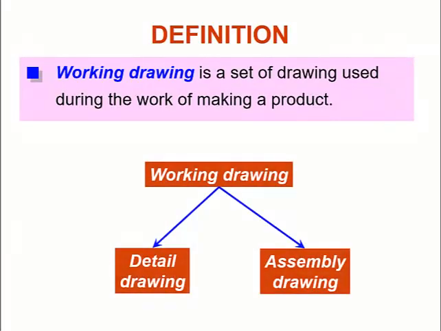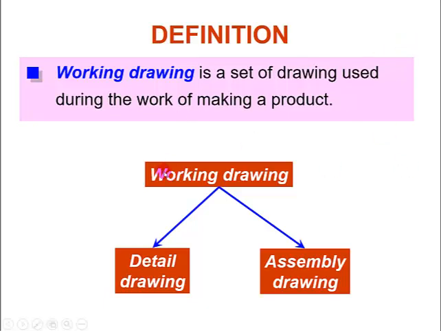For the introduction, the definition of the working drawing is a set of drawings used during the work of making a product. That means if you would like to produce some object, the working drawing is required.